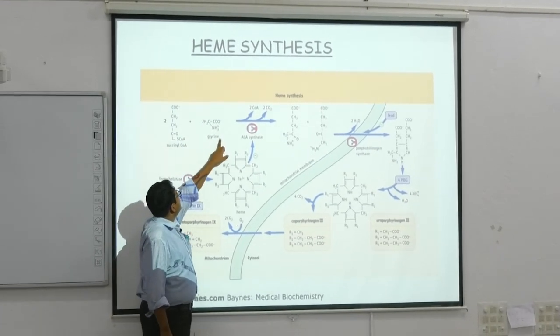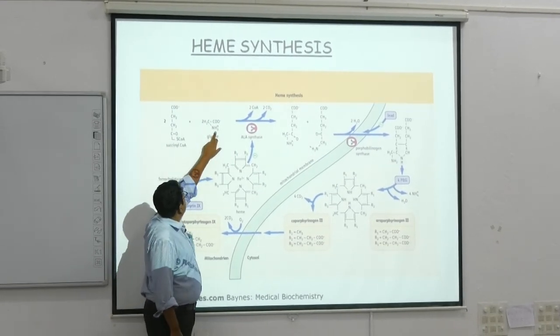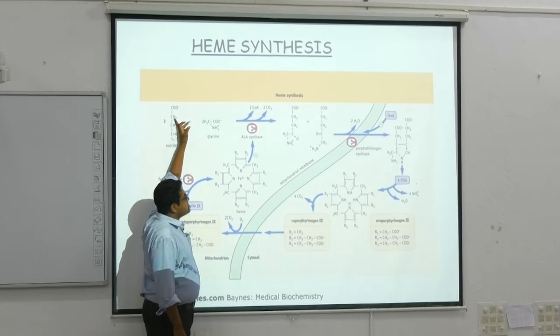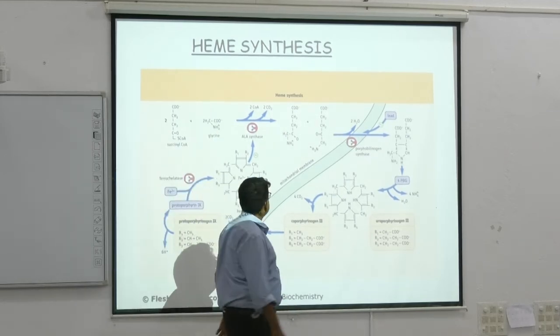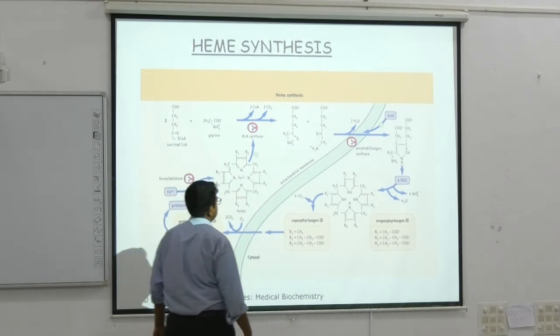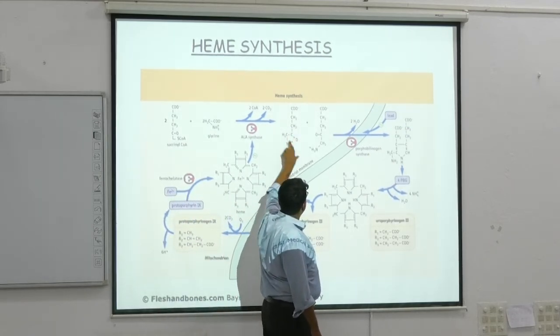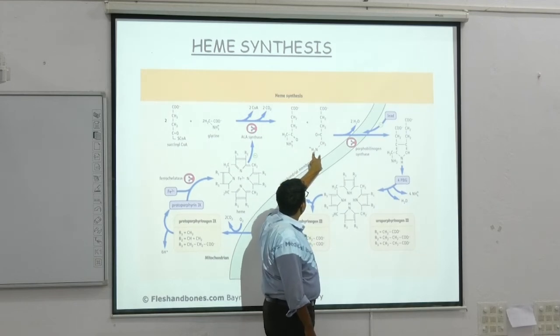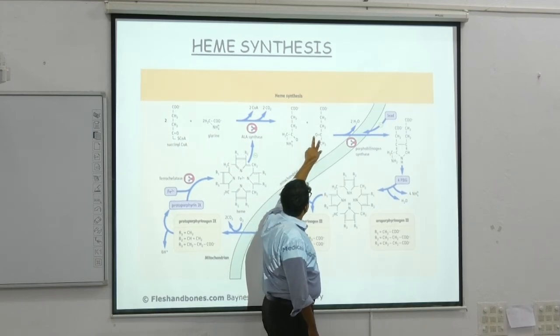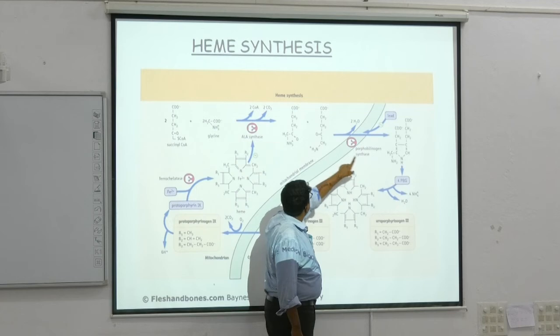Okay. COO, CH2, CH2, CO and SCoA. If you write them parallelly, this O will react with NH3 plus and this O will react with this CH2 to give you a cyclic structure. See, COO, CH2, CH2, CO, CH2, NH3. Here also NH3. And here there is a condensation and formation of the pentad chain.